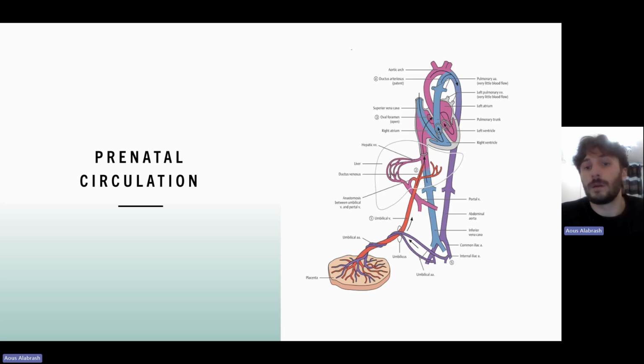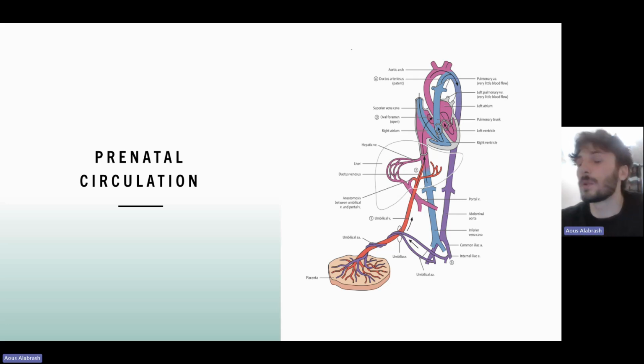And yeah, most of the blood bypasses the liver through the umbilical veins, and you can see in the picture we have the umbilical veins, and then we have the ductus venosus. The ductus venosus connects straight into the inferior vena cava, bypassing the liver.